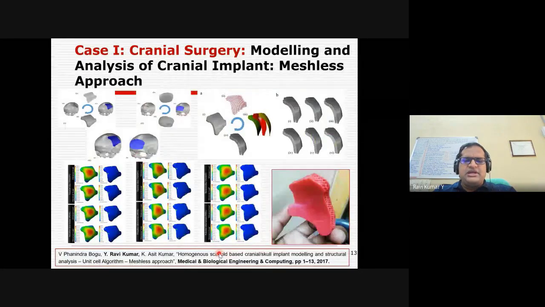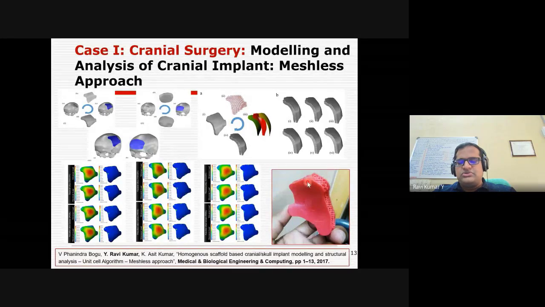Ultimately our aim is to print this implant specific to the patient, which means no technology other than this will give this kind of solution. Why? Because you have a sandwich kind of structure here. If you closely observe, your skull bone does not have a uniform cross section.